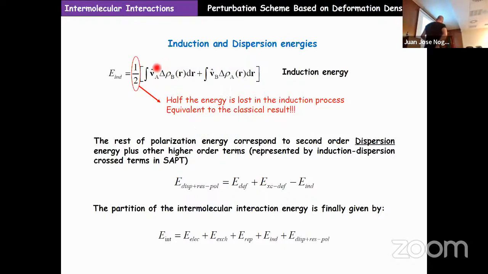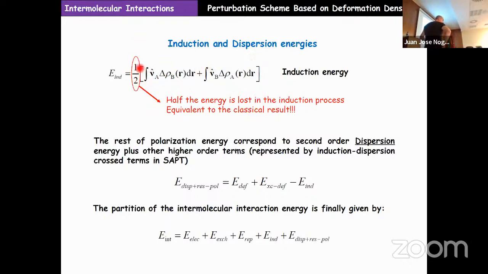If this were an interaction of, for example, permanent dipoles, this 1/2 doesn't appear in the expression. This should be the electrostatic interaction between dipoles.